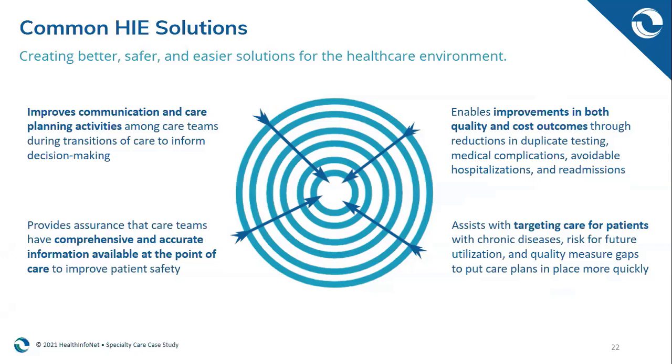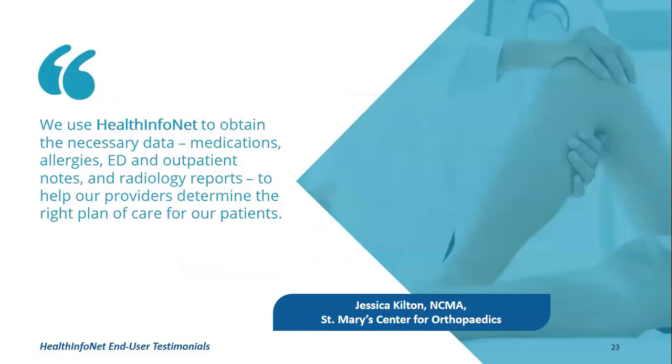It improves both quality and cost outcomes to prevent those readmissions. And it just assists in targeting care for patients with chronic diseases, risk for future utilization, and quality measure gaps. So this is what it does easily and readily for you.